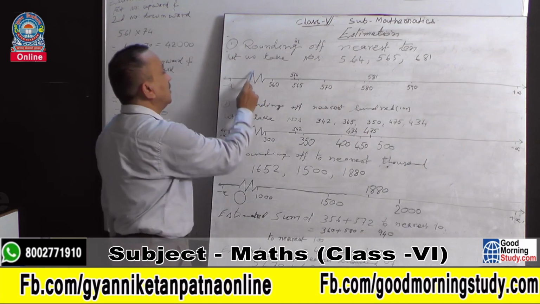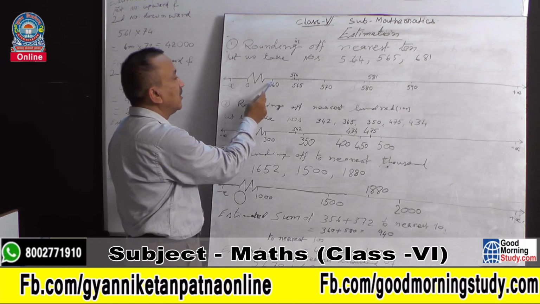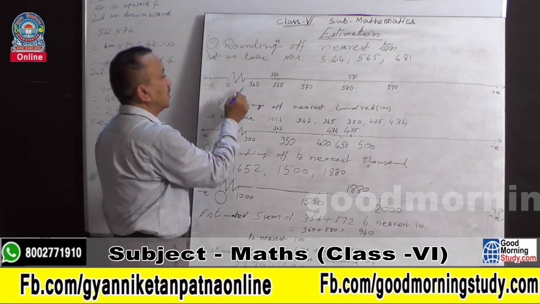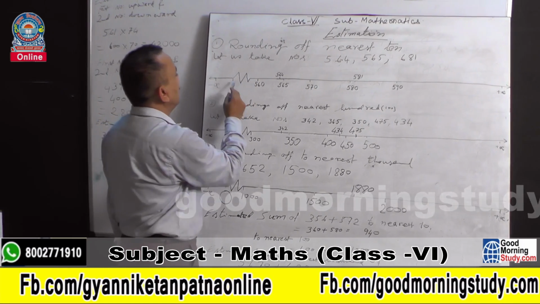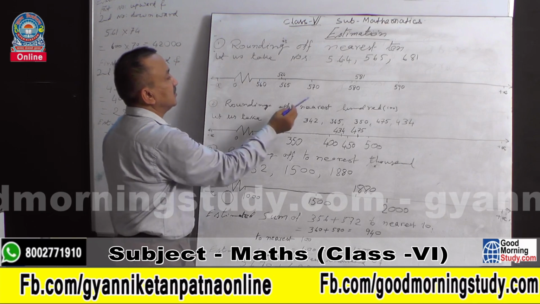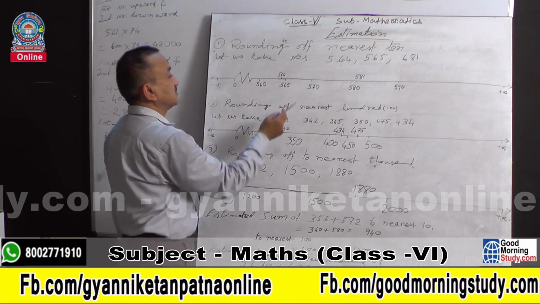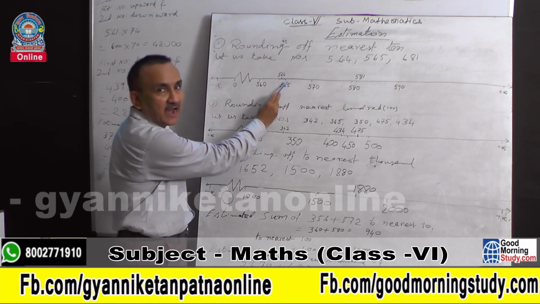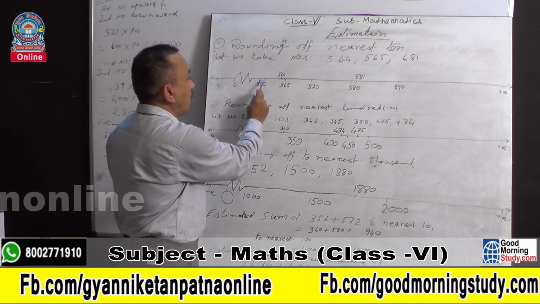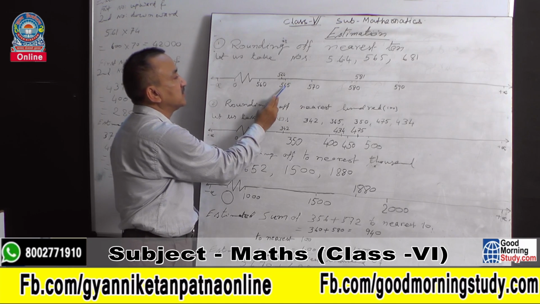From 0 to 560 is a very big length, so I have given a key here. Now suppose this is 560 and this is 570. In between 560 and 570, at the middle it falls 565.